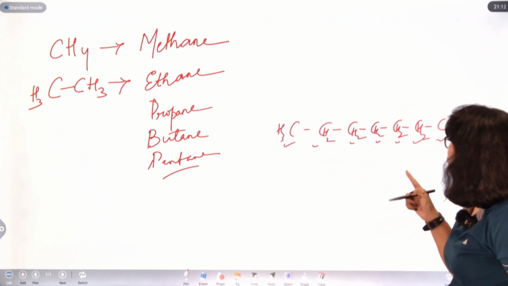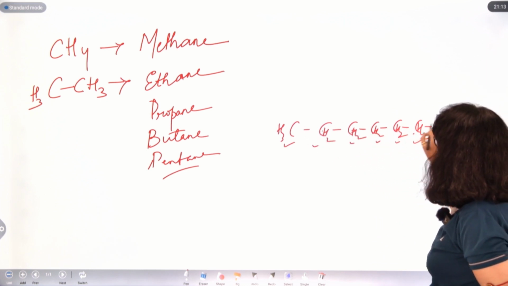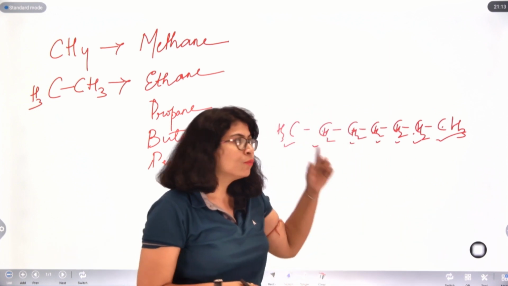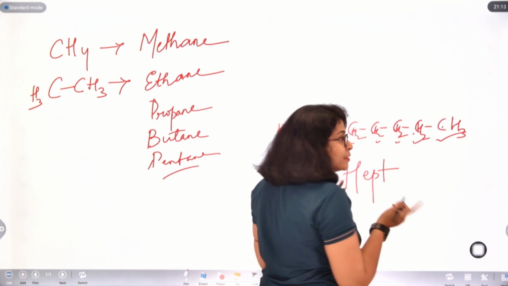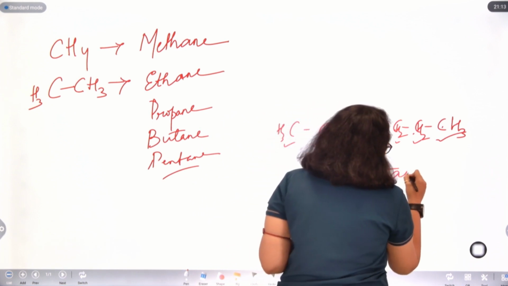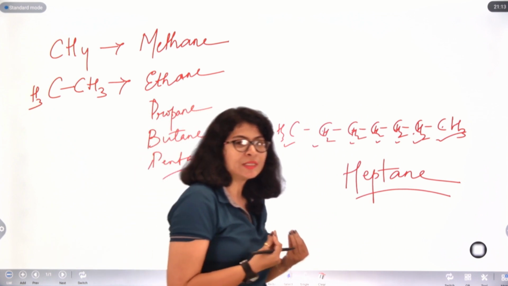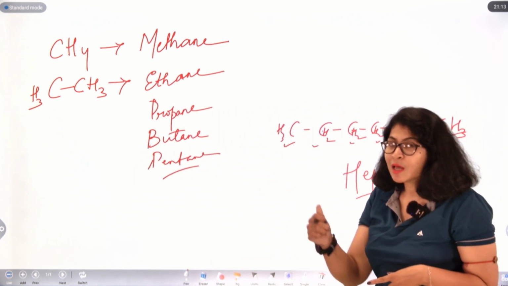How many? 1, 2, 3, 4, 5, 6, 7. 7 carbon atoms and all are singly bonded. So the word root for 7 carbon atoms is hept, as singly bonded, ane, heptane. So it is pretty simple, right? This is how straight chain hydrocarbons are named.